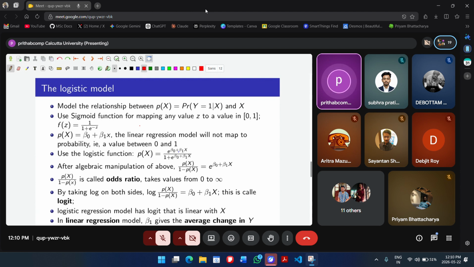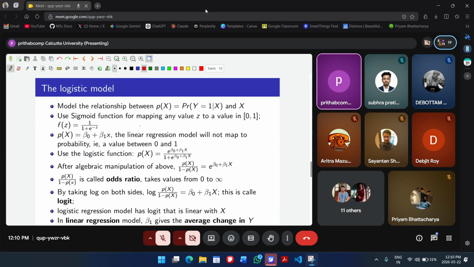And this beta 0 plus beta 1x is an equation of a straight line, right?